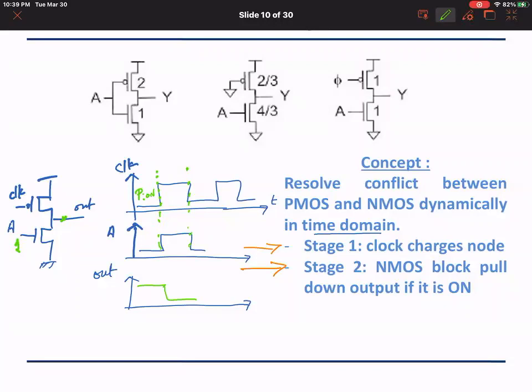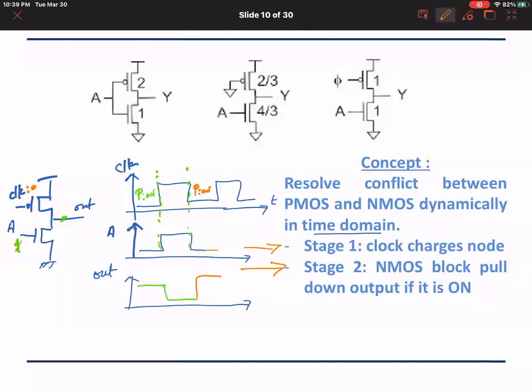Now the trick here is that in the next half cycle, the P is going to turn on again. Hopefully the input does not create any contention, and therefore the output will be charged. That is, the clock will be 0.